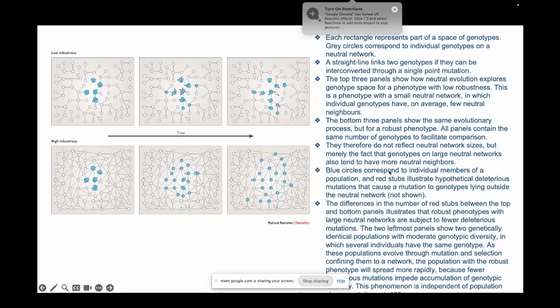The bottom three panels show the same evolution process, but for a robust phenotype. All panels contain the same number of genotypes to facilitate comparison.